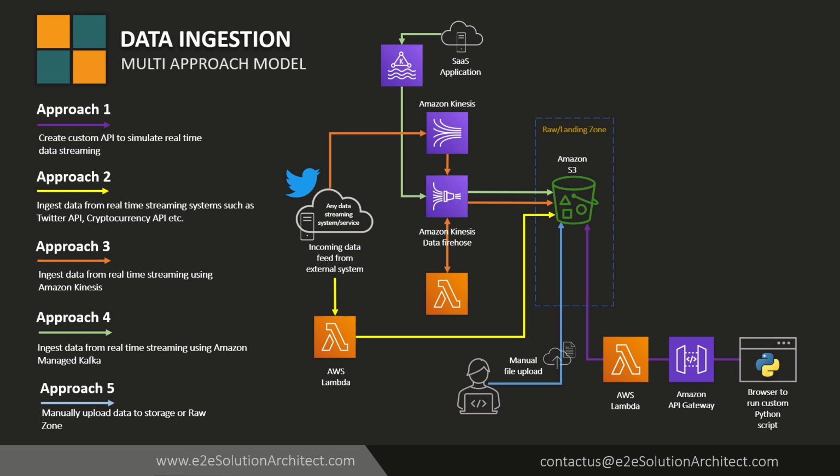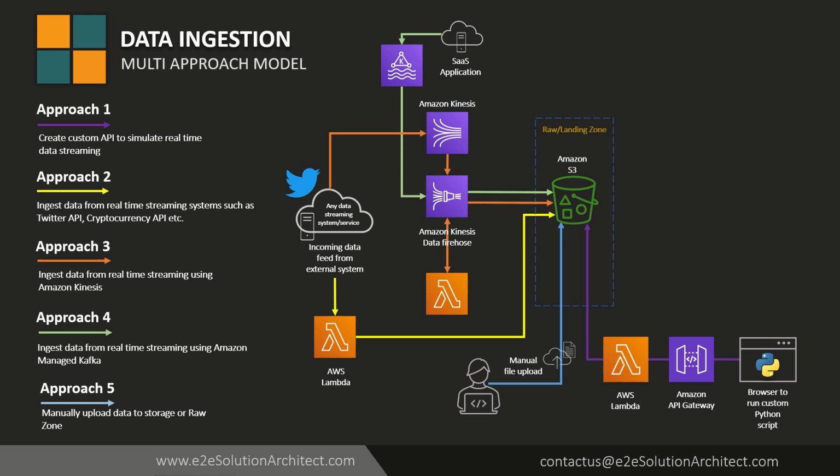The reason is, when you are creating any POC, every time you don't have a source system which will provide you real-time data streaming. Suppose at that point you are not able to integrate Twitter streaming or any other third-party streaming solution. So in this approach, I'll be showing you how you can create a custom API to create mock data or simulate real-time data streaming.